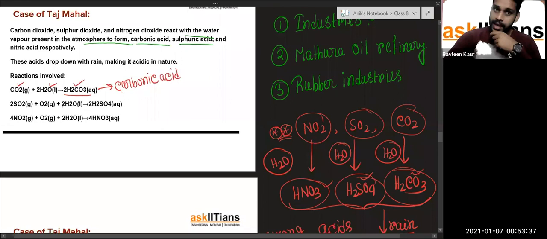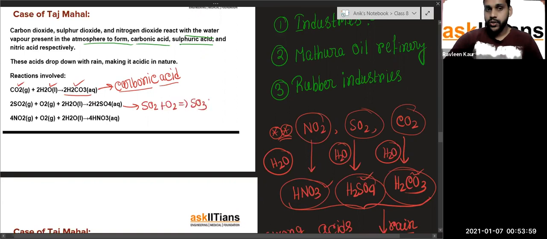Then SO2 plus oxygen and the water vapor get mixed together and make H2SO4. Let me break it down for you. SO2, after reacting with oxygen, makes SO3, sulfur trioxide. This sulfur trioxide reacts with water to give you H2SO4, isn't it?